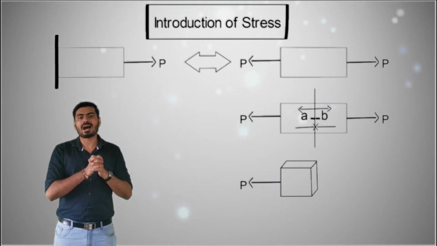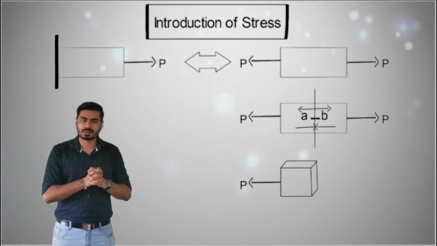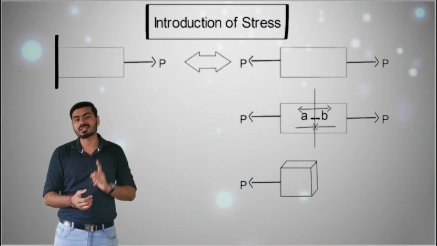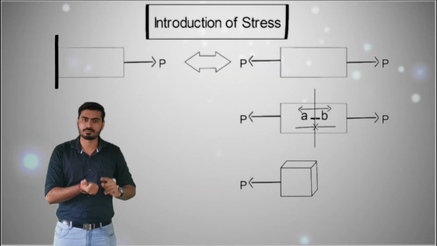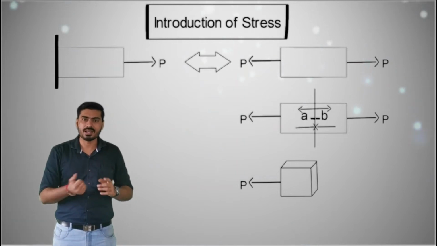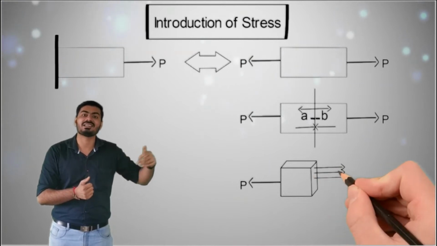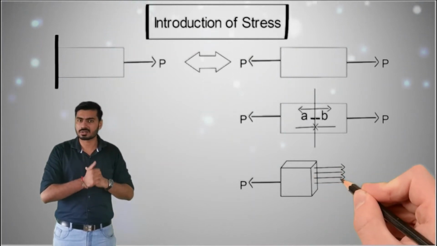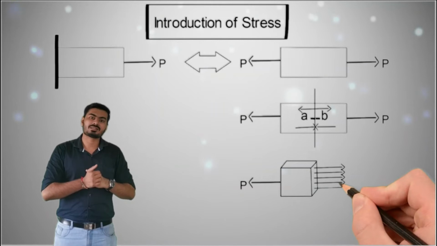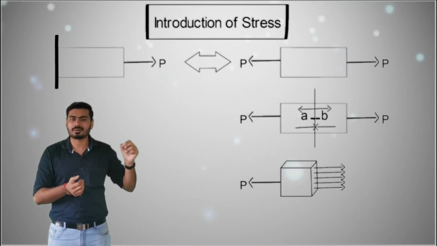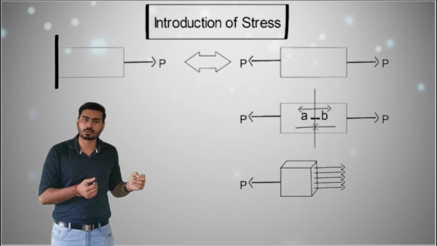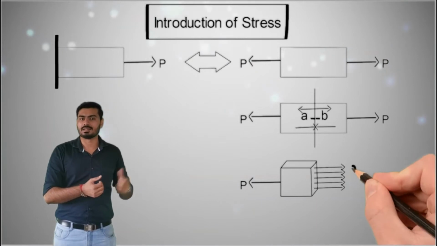Consider this half portion. In it there is one external force, the P force, applied horizontally to the left, and at the cross section the internal resistance forces are in the opposite direction of the external force. These internal resistance forces at different points of the cross section are represented like this.